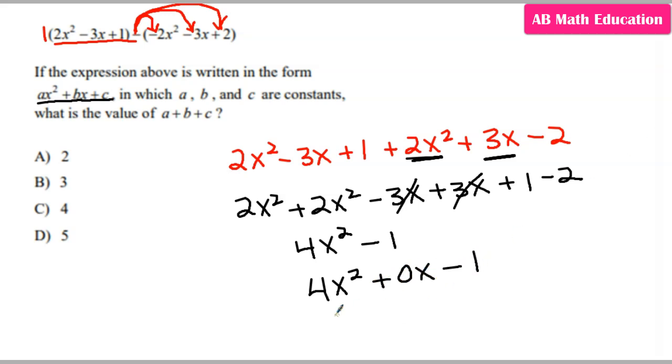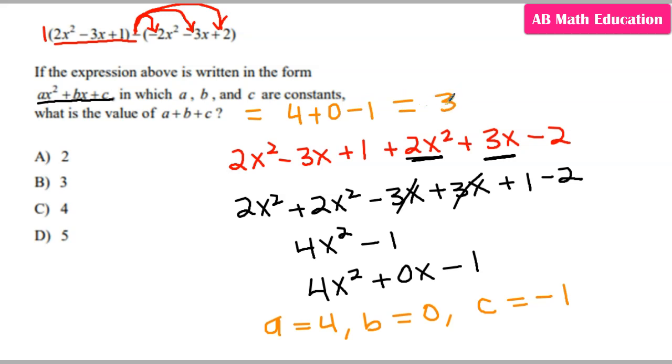From here, you can say that your a equals 4, your b equals 0, and c equals -1. And they want us to add them. So we get 4 plus 0 minus 1, and that's 3. That gives you the answer.